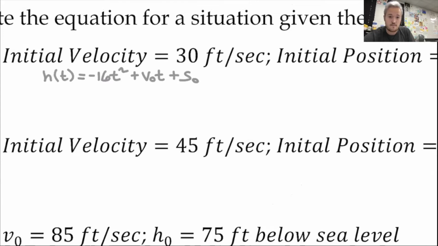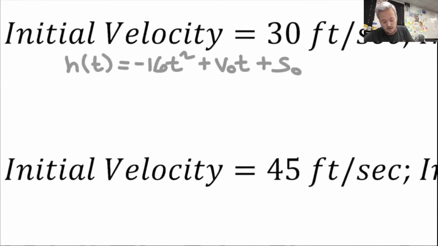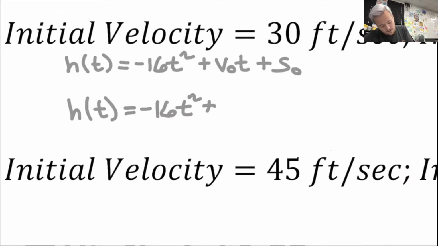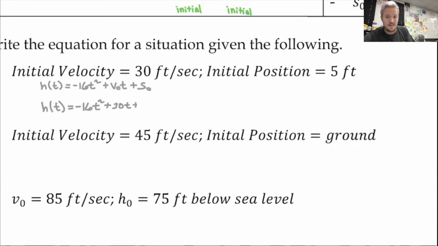Someone's going to say snot at some point. All right, so remember, we're only going to fill in for the velocity and the height. We are given an initial velocity of 30. So we're going to have h of t equals negative 16t squared plus 30t. And then we have an initial height of 5 feet.